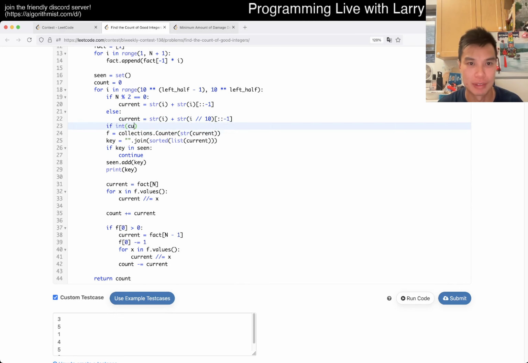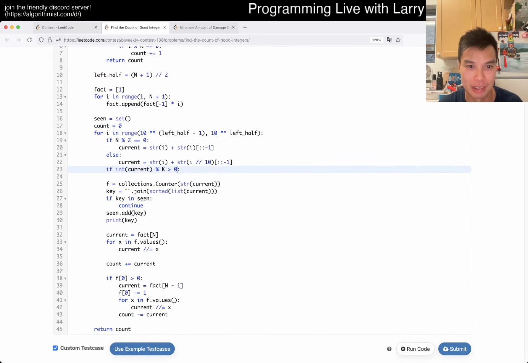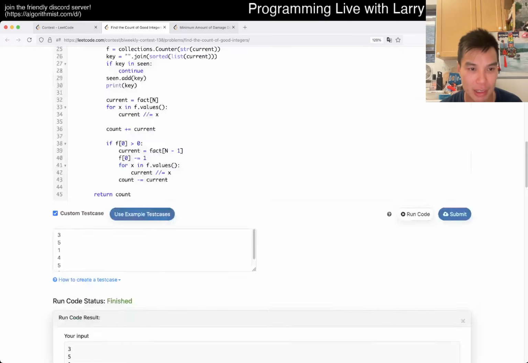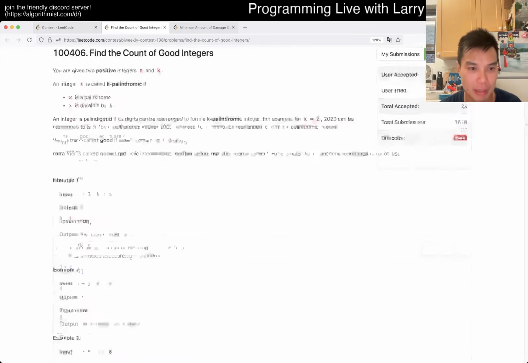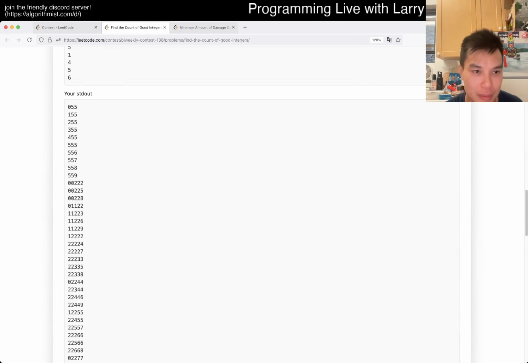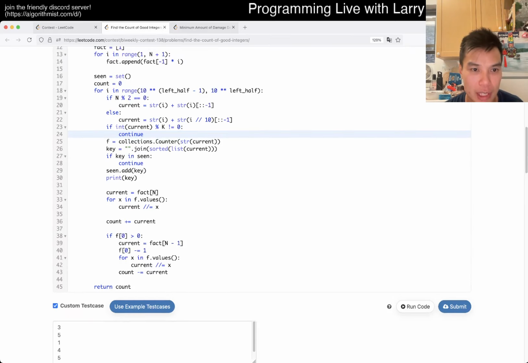If int of current mod k is not equal to 0, I can continue. 29, still overcounting, but maybe it's slightly better. I don't know. I misread this one so hard. Okay, so, well, that's the key.